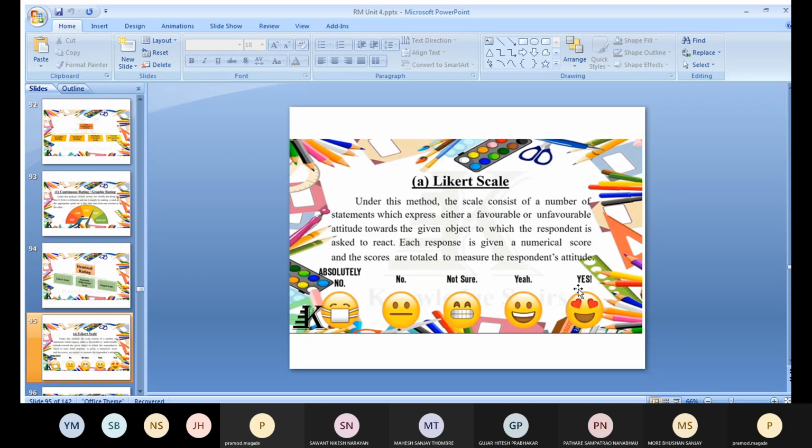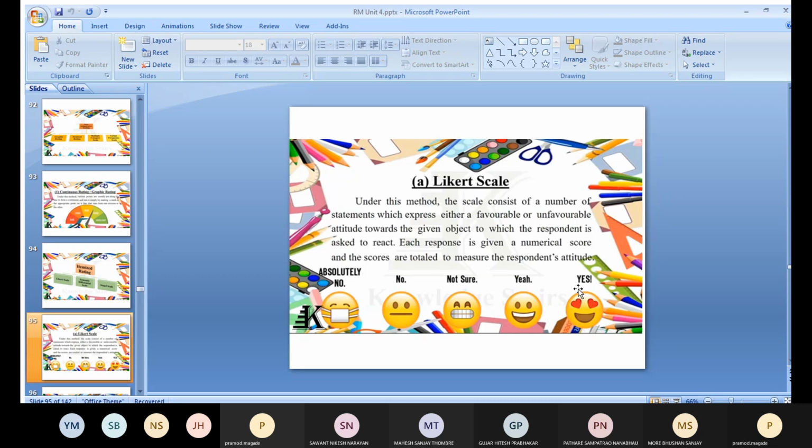The definition of Likert scale: it consists of a number of statements which express either a favorable or unfavorable attitude towards a given question or object to which the respondent is asked to react. Each response is given a numerical score, and scores are totaled to measure the respondent's attitude.